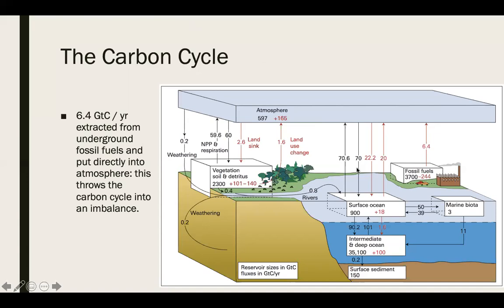But what it has done is it has adjusted by adding. If we take this 6.4 gigatons of carbon per year average since 1850, 2.6 gigatons of carbon every year is going into additional growth of forests. So the forests have expanded, actually, since 1850.